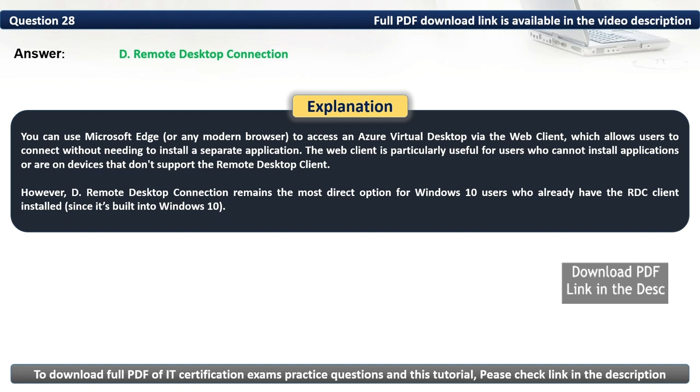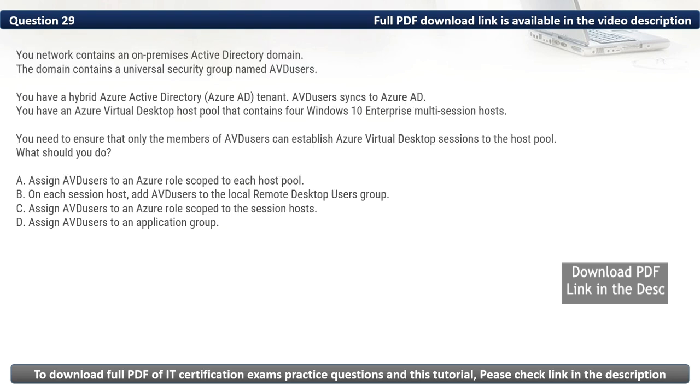The web client is particularly useful for users who cannot install applications or are on devices that don't support the remote desktop client. However, remote desktop connection remains the most direct option for Windows 10 users who already have the RDC client installed.